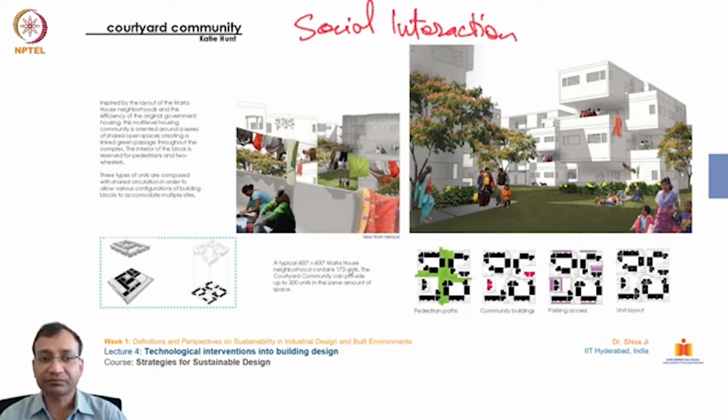The next one you can see is having community buildings. These are buildings dedicated to community uses, such as convention halls, libraries, reading rooms, common playing areas, common recreational areas, and common areas where one can sit together and discuss.